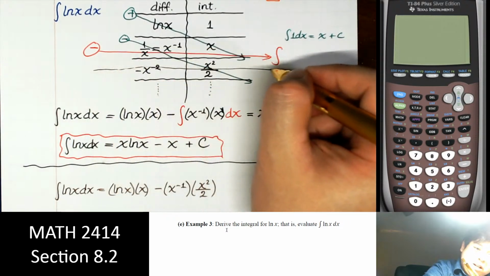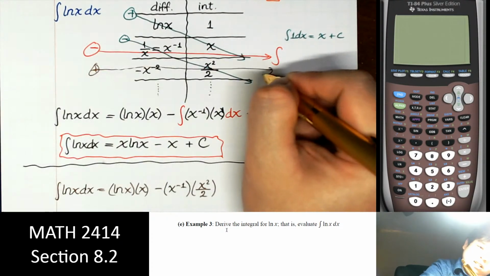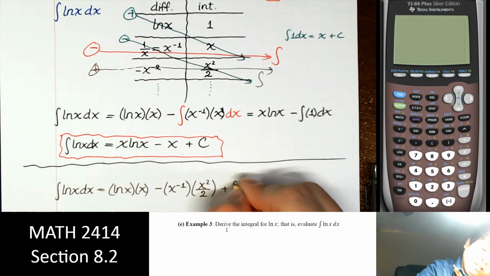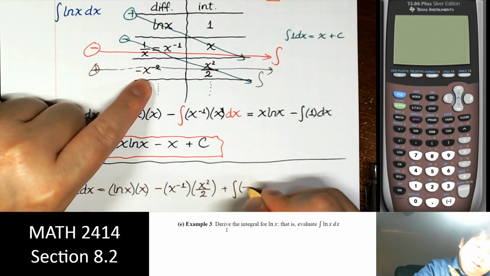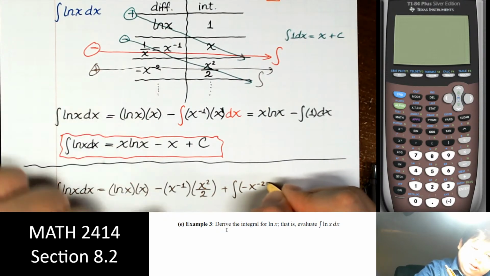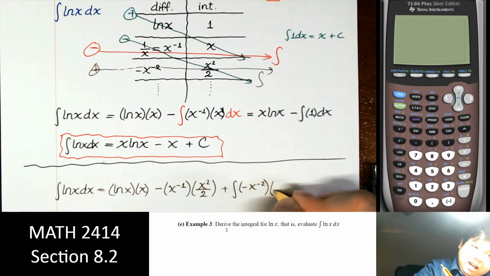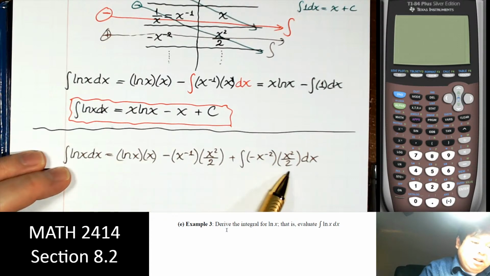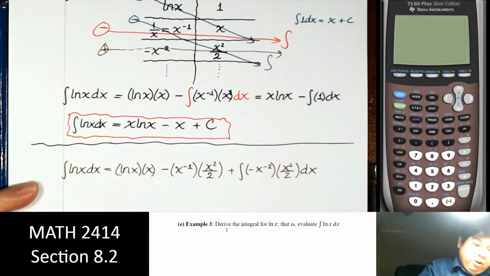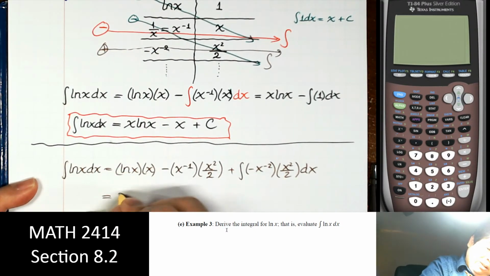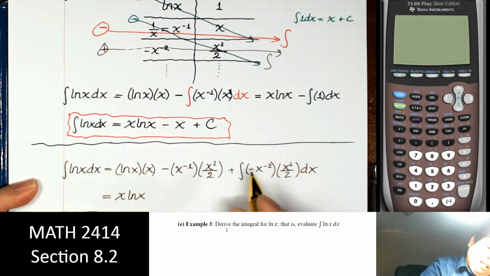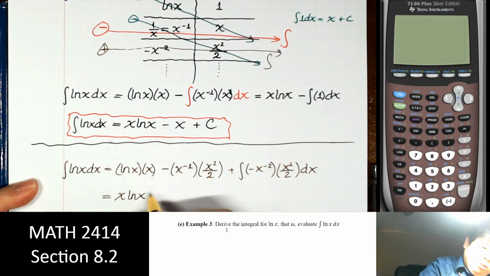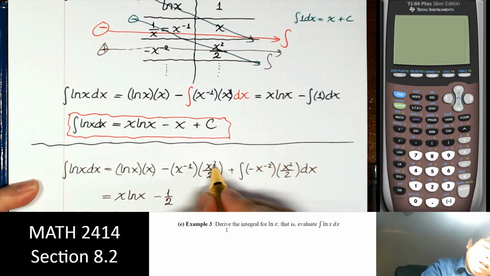Let's say we stop at the second step instead: negative x to the negative 2, and then x squared over 2. This is where we stop after we do 2 integrals. That gives us x ln of x, and then negative 1/2 times the integral of x to the negative 1 times x squared.